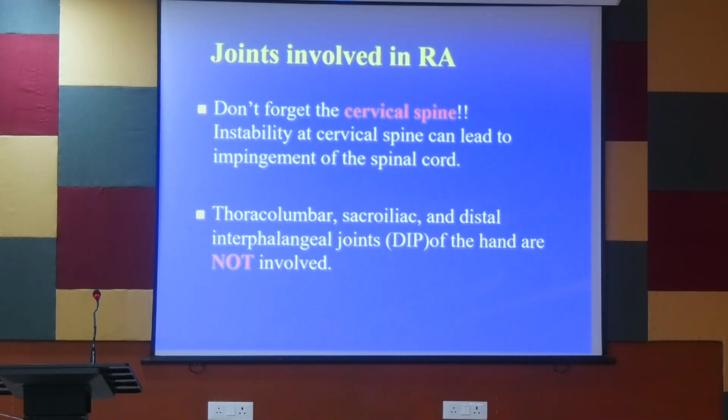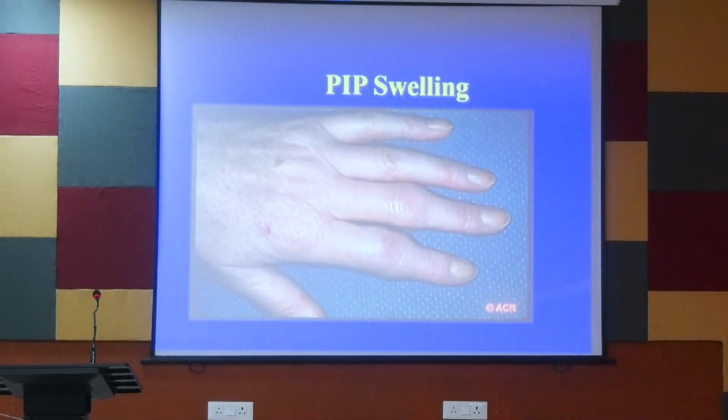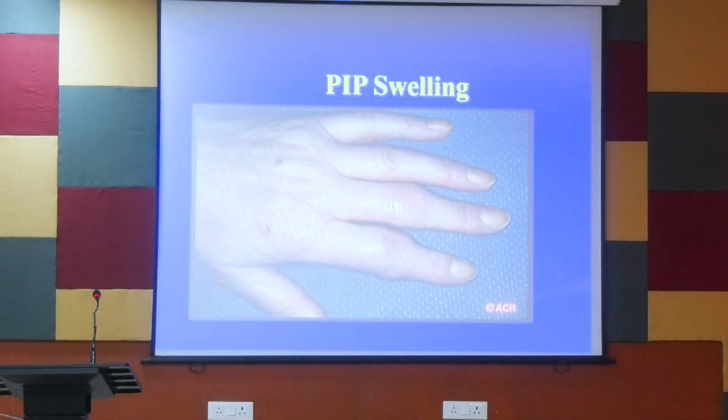See the swelling of proximal interphalangeal joints. Can you see? And metacarpophalangeal joints. These are metacarpophalangeal joints, proximal interphalangeal joints.